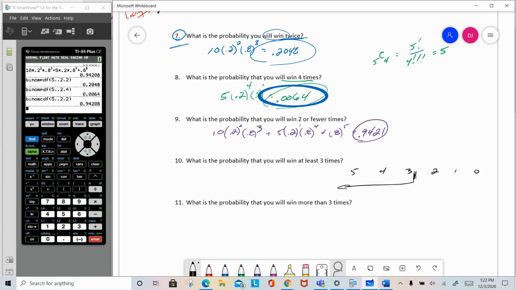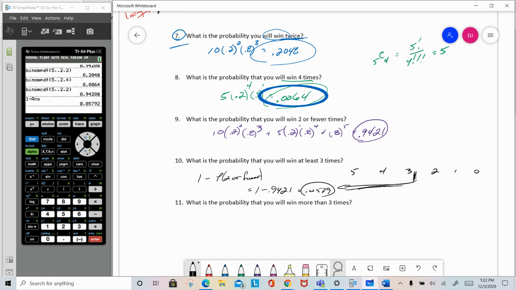If I want to know that, I'm going to do 1 minus the probability that I will win 2 or fewer. So the only choice I have there is 1 minus the 0.9421, which is 0.0579. Now you can do 1 minus that answer on the calculator, 0.0579. You can do it that way.